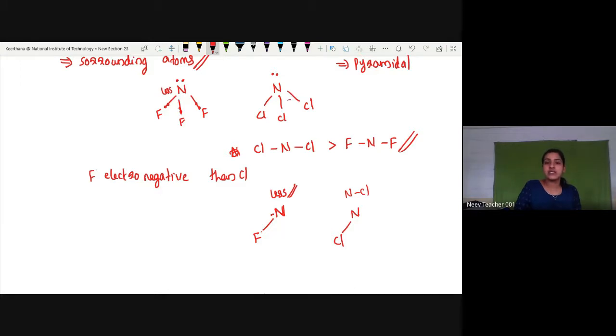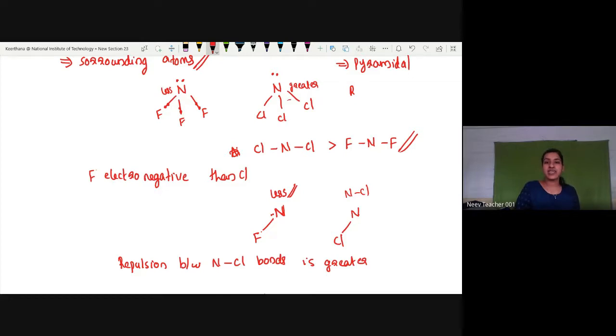Since the electron cloud density is greater as compared to NF3, the repulsion between NCl bonds is greater than the repulsion between NF bonds.